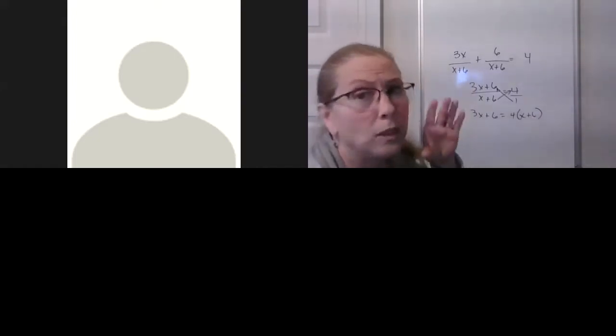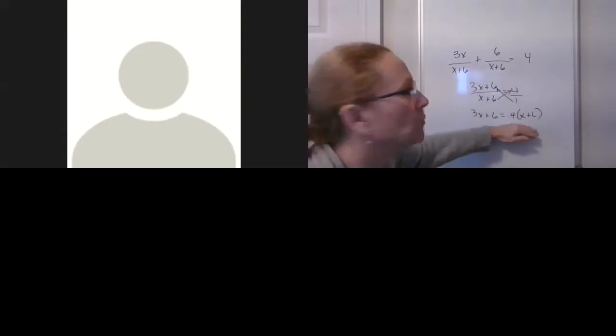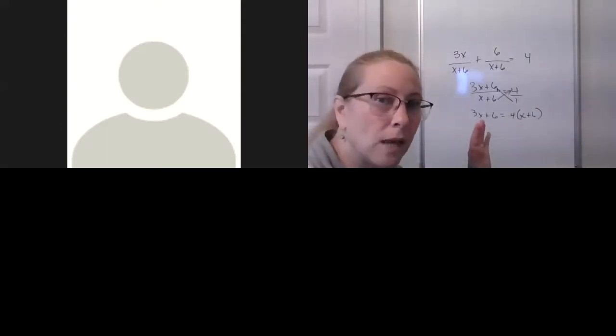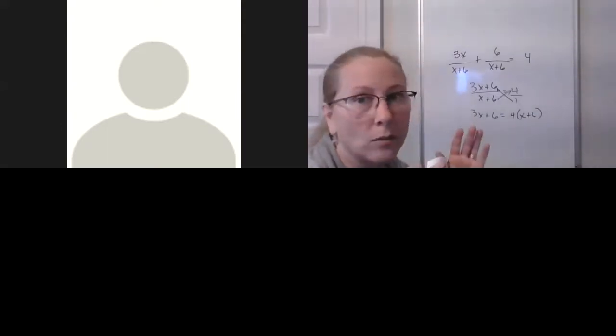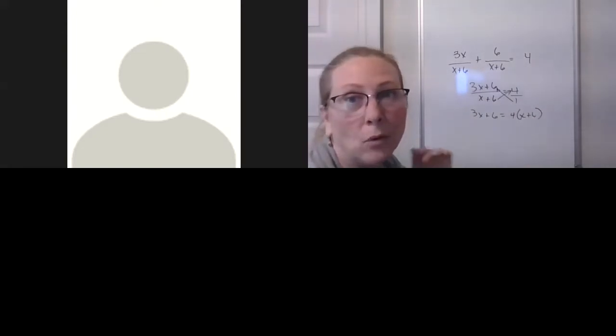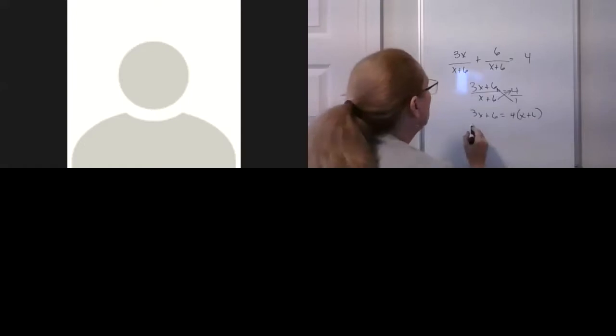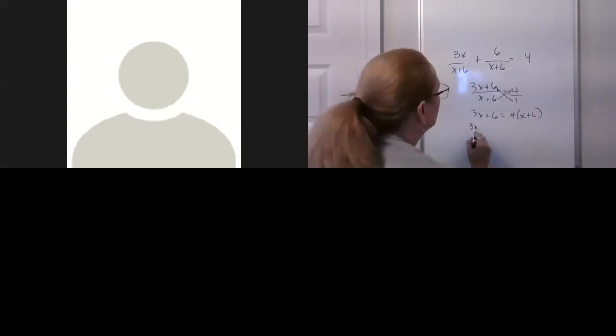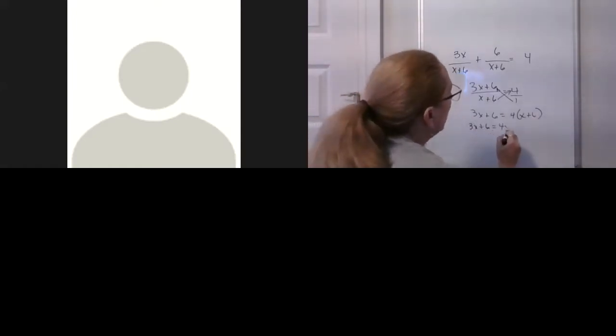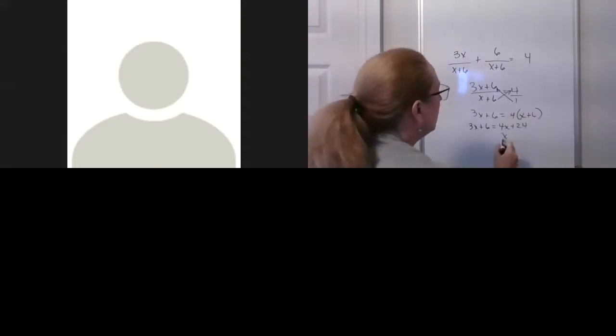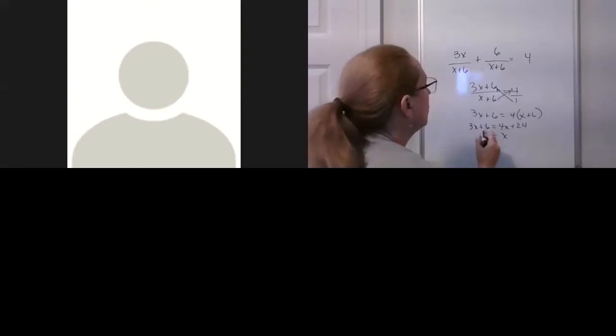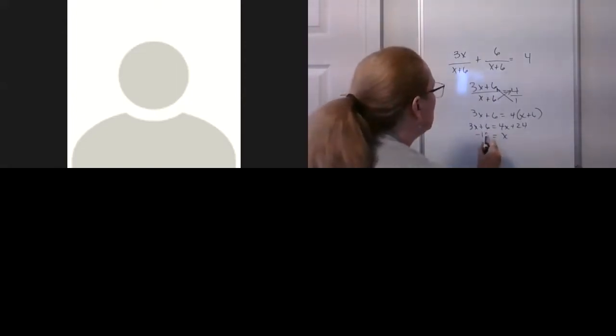You can, but you don't want to, because at this point, we're actually multiplying things out, and then we'll combine the like terms, and the simplifying or factoring anything out will occur in the last steps. So now we've got 3x plus 6 equals 4x plus 24. Subtract the 3x, we get x. Subtract the 24, we get minus 18, and we have our answer.